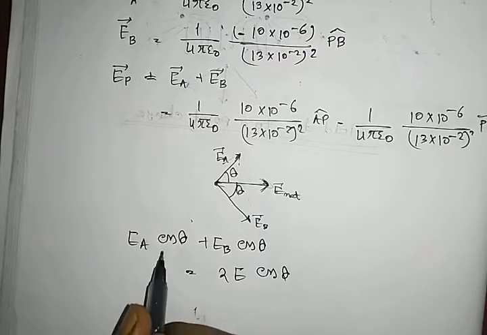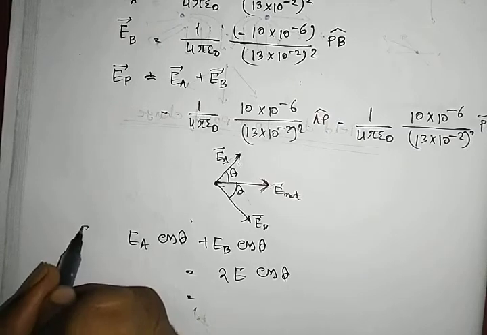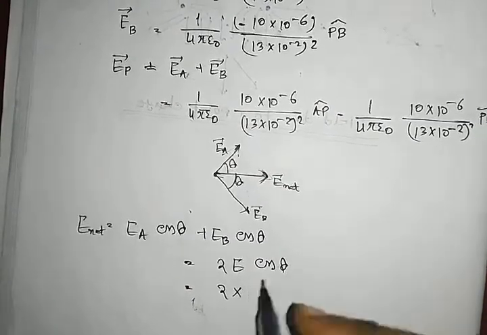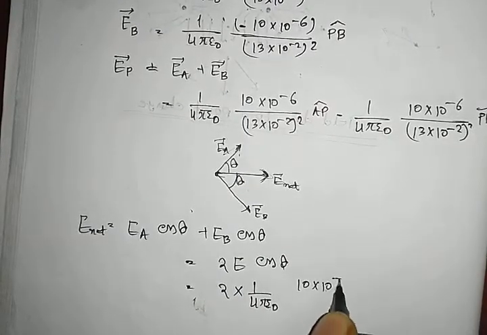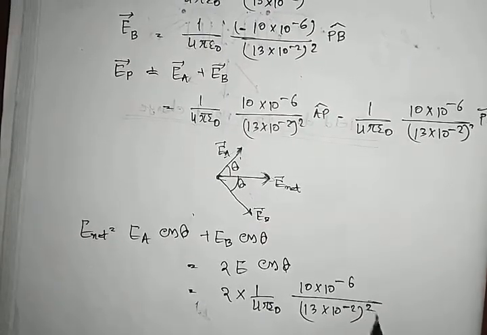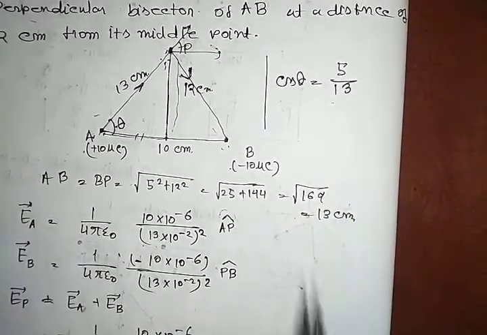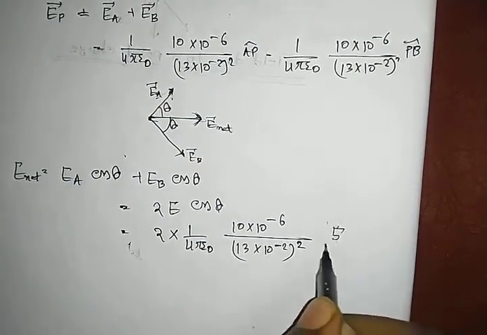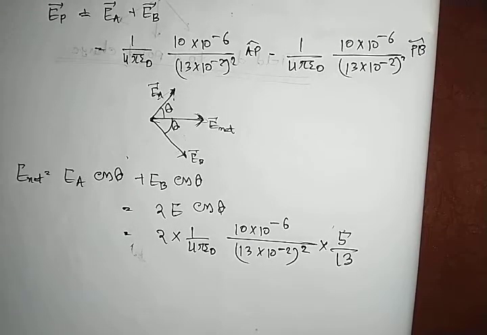Where E is equal to EA and EB, since we're just considering the magnitude, into cos theta, which I've shown here is 5 by 13. So we'll use a calculator to find its value.